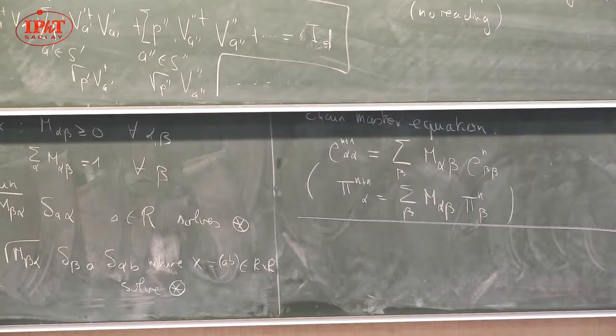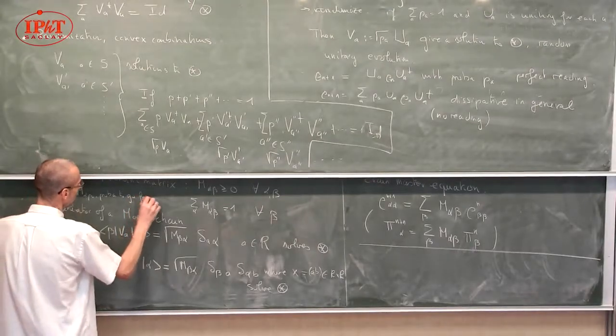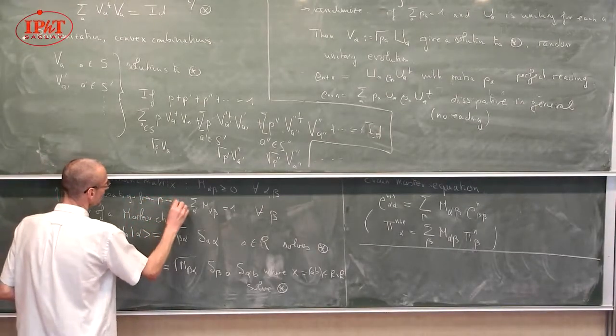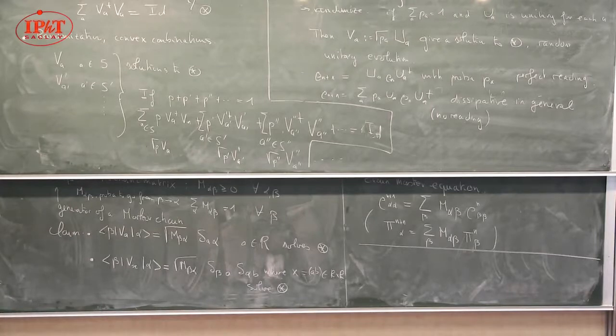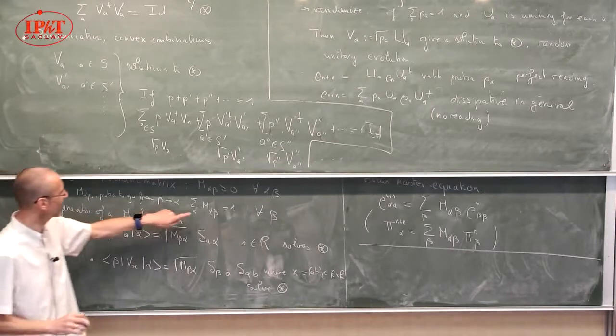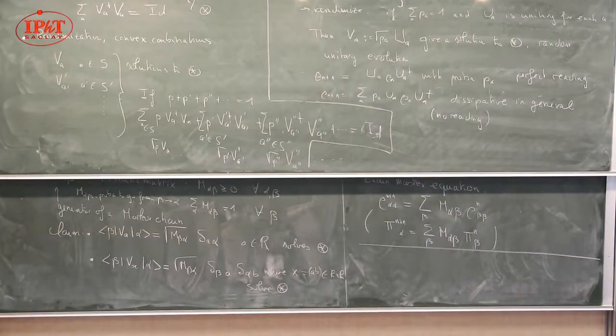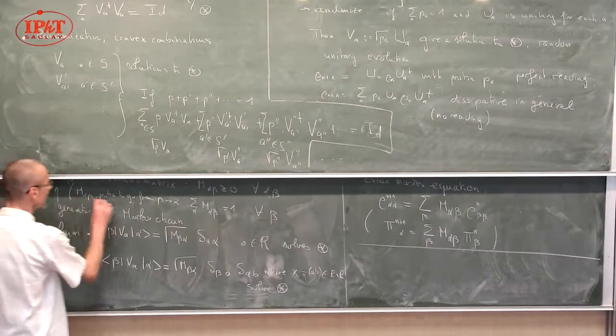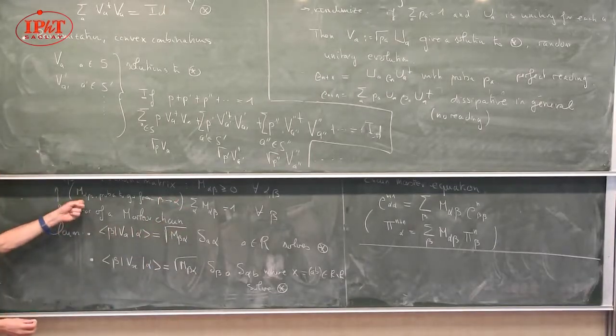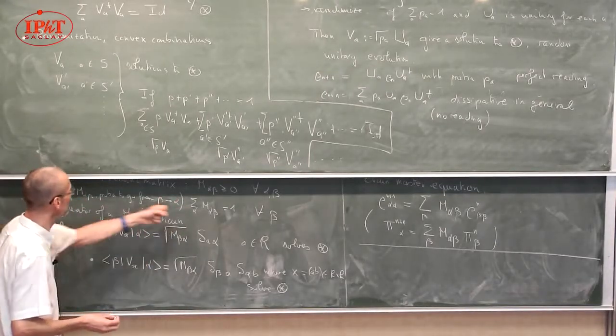M_{alpha beta} is the probability to go from beta to alpha. And so this here is just saying that the probability to go somewhere is equal to 1. This is the standard notation. So they describe the possibility to have a transition from beta to alpha.